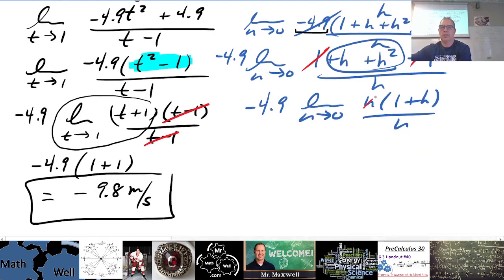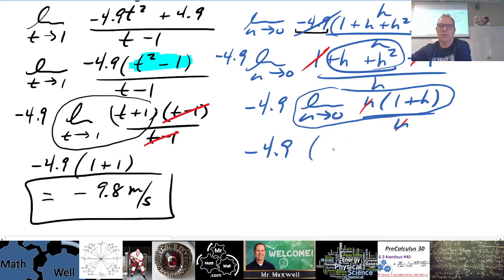Let's divide those out, and then I have negative 4.9. I can now evaluate this. If h is extremely close to 0, what's 1 plus a value extremely close to 0? Well, that's just 1 plus 0, which is 1.